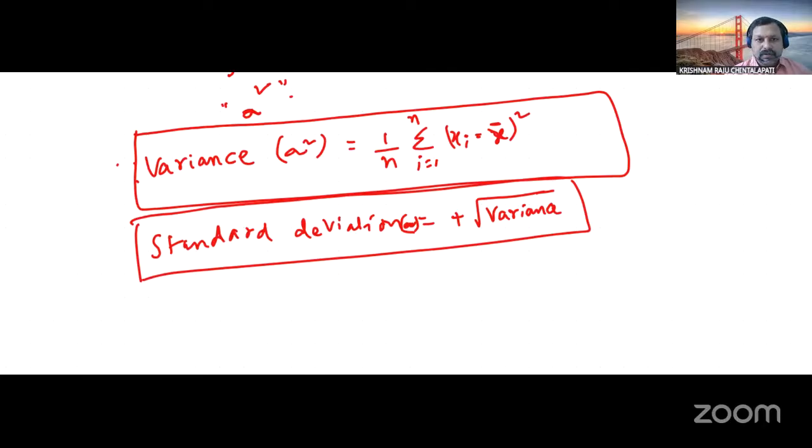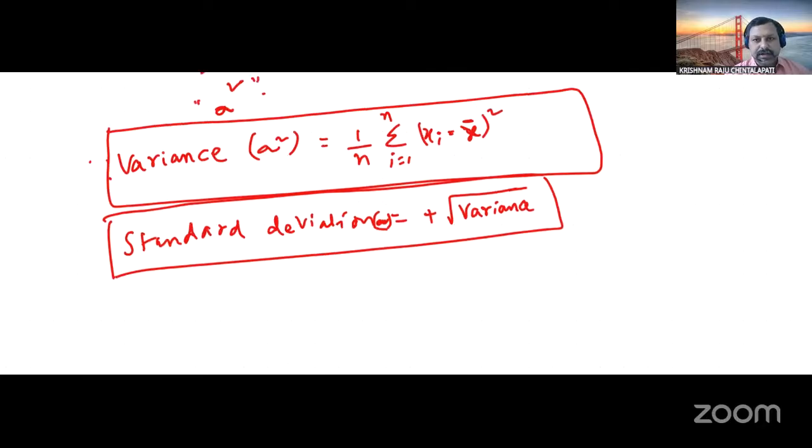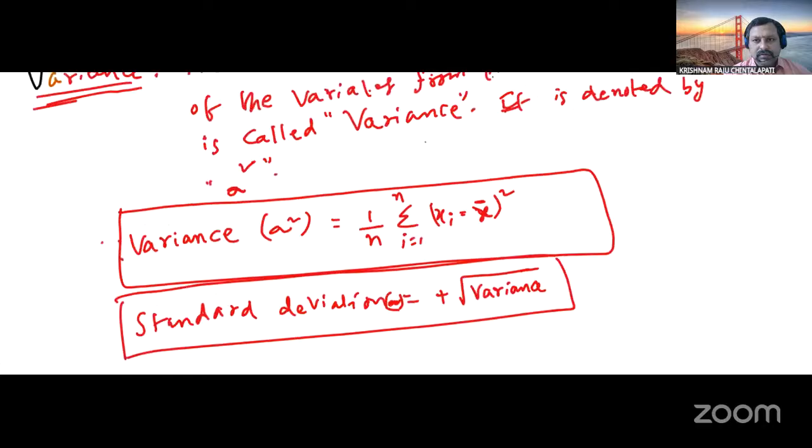Now, this is the formula for ungrouped data to find variance and standard deviation.